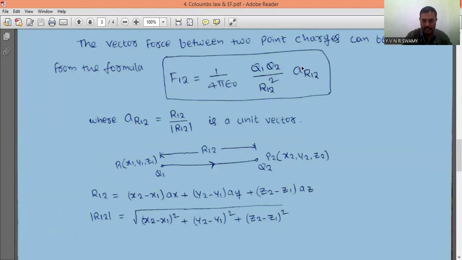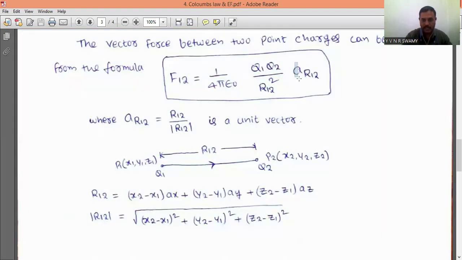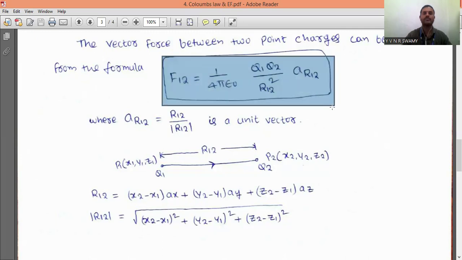So just replace a_R12 with this expression. That is, F12 = 1/(4πε0) × Q1Q2/|R12|³ × R12. Okay, so finally this is the force formula according to Coulomb's law.